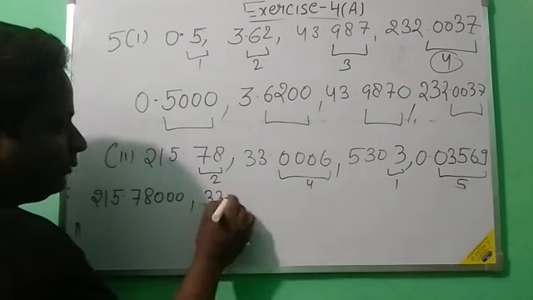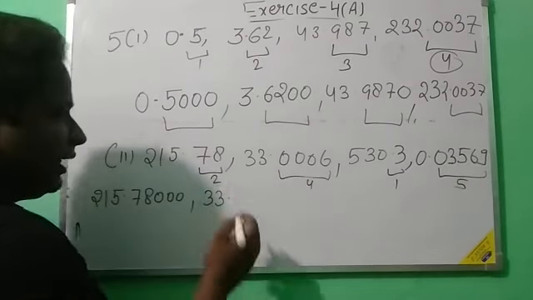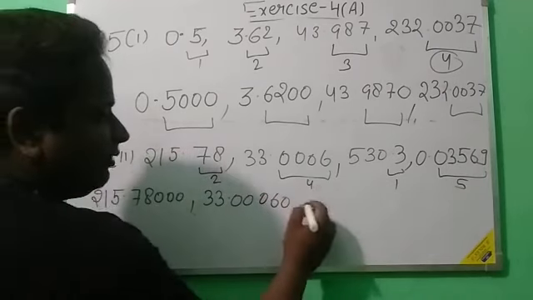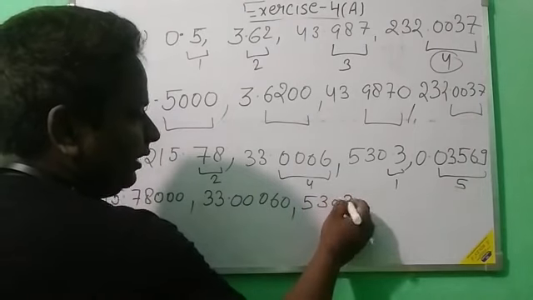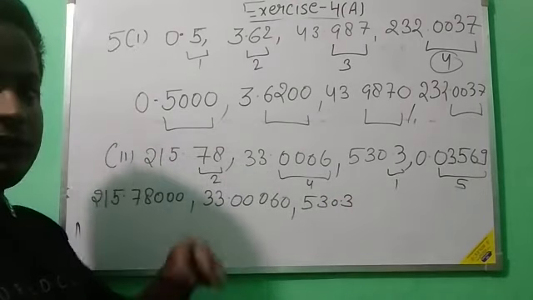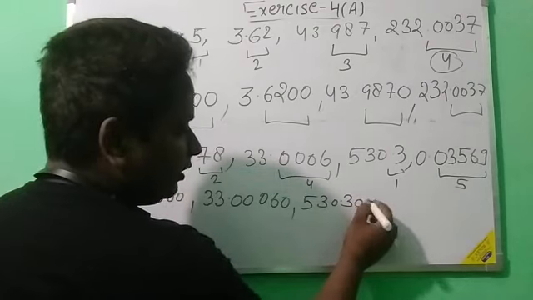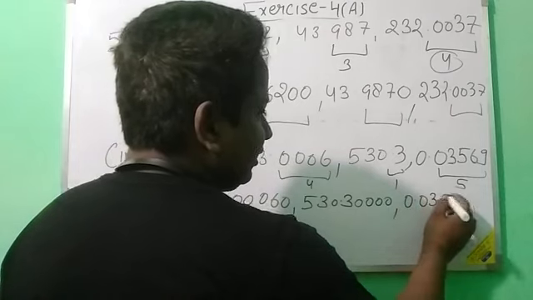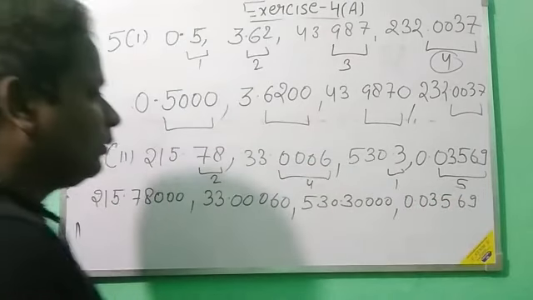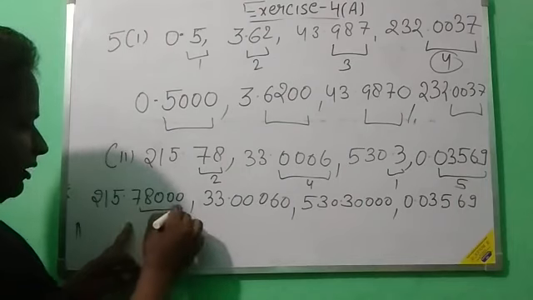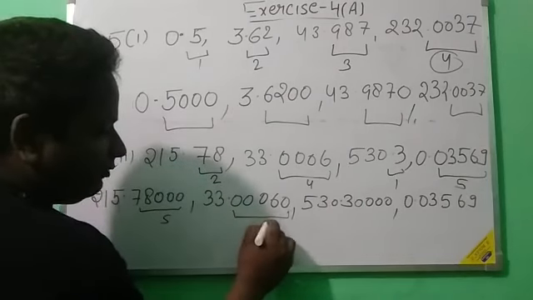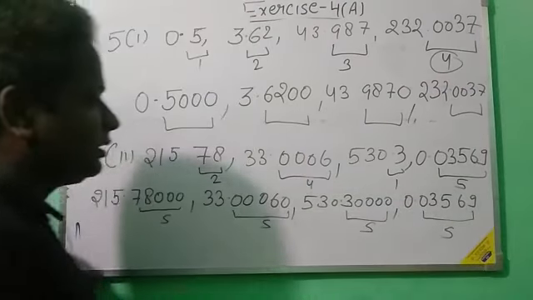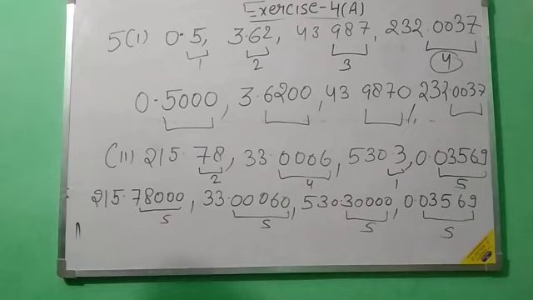Here I have 33 point, यहाँ पर 4 है, 4 plus 1 5, तो 1 0 और ऐड कर देंगे हम 6 के बाद. ओके. नाउ 530.3, यहाँ हमारे पास एक डिजिट है तो 4 0 और ऐड कर देंगे 1 2 3 4. ओके. और ये तो हमारे पास ऑलरेडी 5 है, इसको हम ऐसे लिख देंगे. नाउ काउंट योर डेसिमल प्लेसेस. 1 2 3 4 5, 1 2 3 4 5, 1 2 3 4 5, 1 2 3 4 5. So these numbers now are like fraction.